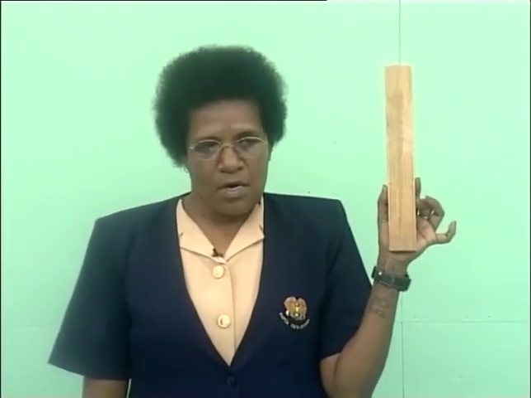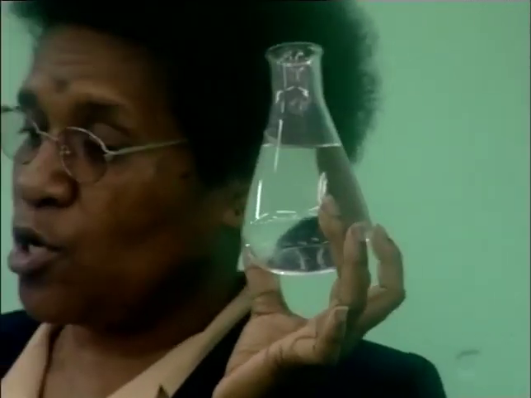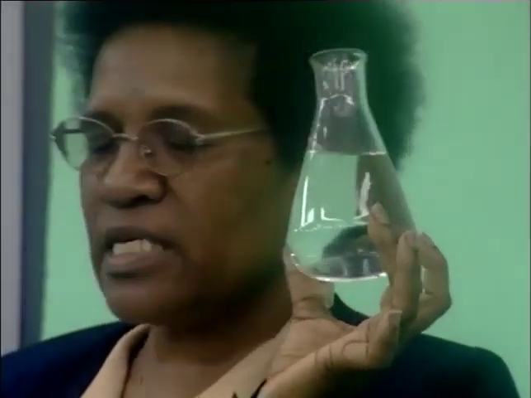It has mass. I also have this flask of water. This is a matter too, and also it has mass and it takes up space. So these are just two examples to show you what matter is.